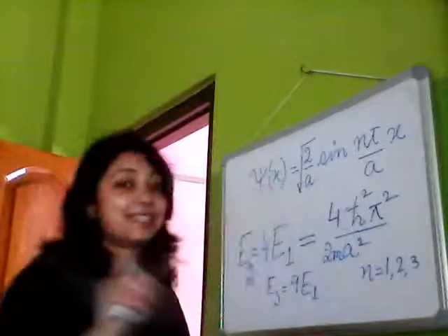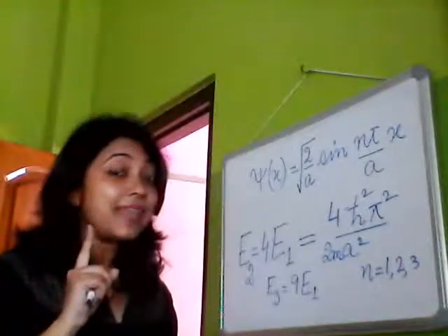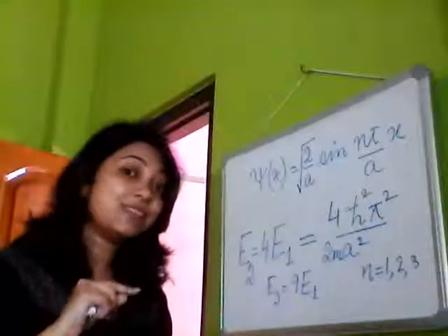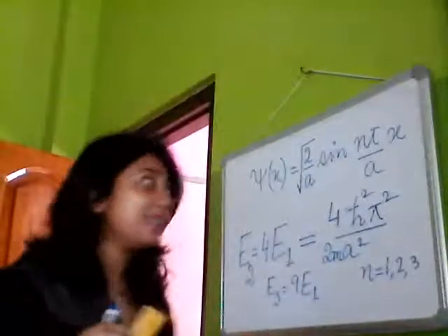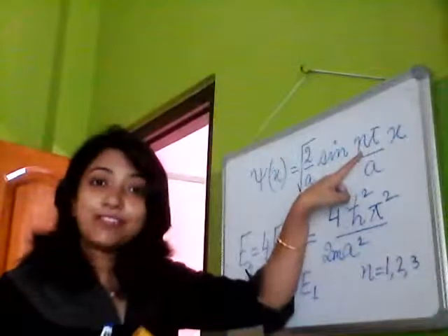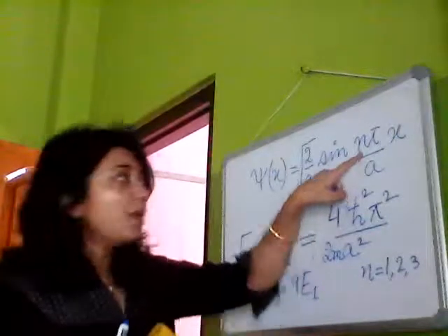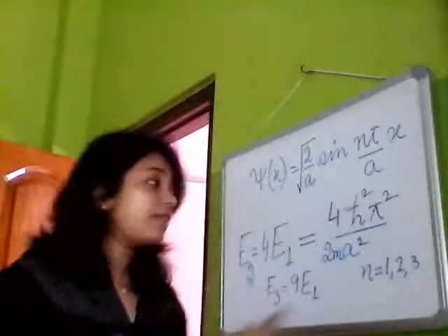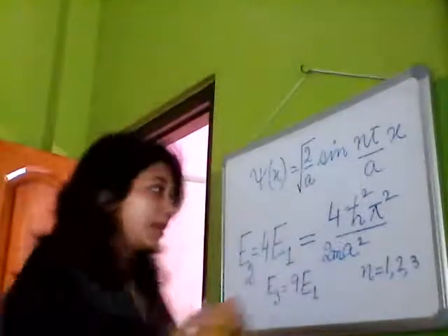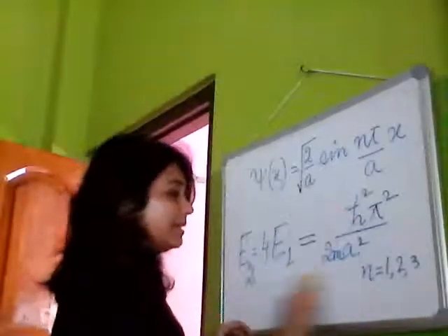Now, in this case, where is this n present elsewhere as well? Along with our value of energy, this n is in our wave function as well, right? So see, when my particle is going to assume the value n is equal to 1, my energy value will be this.